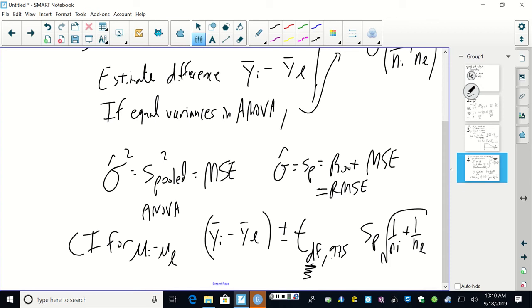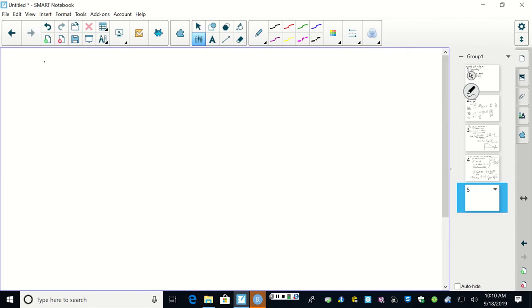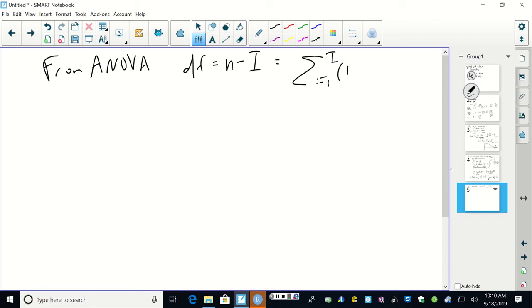But because we've estimated this based on the entire data set, we actually get to use the degrees of freedom from that entire data set. That's the degrees of freedom associated with estimating that variance. So we get to use a bigger degrees of freedom. From ANOVA, we use degrees of freedom that is n minus I, which is the sum over all the groups of n sub I minus 1.